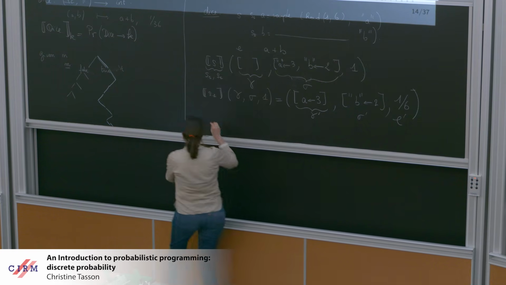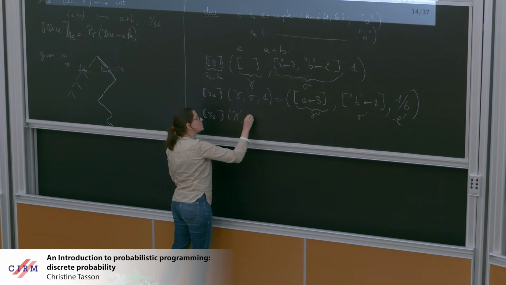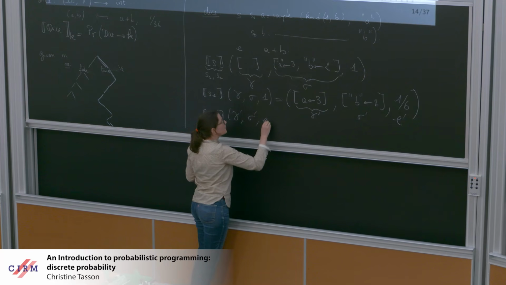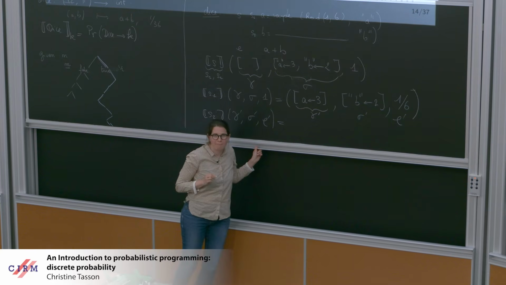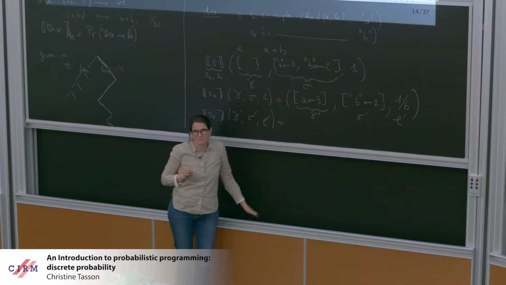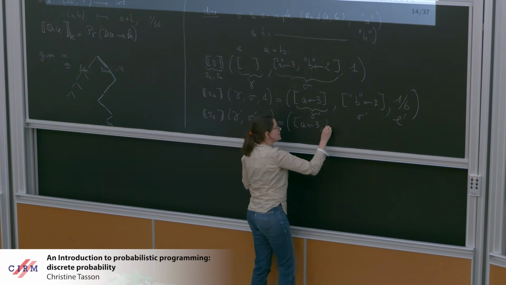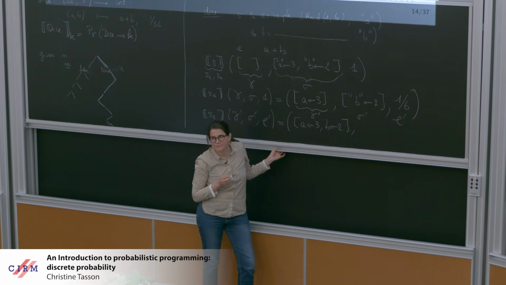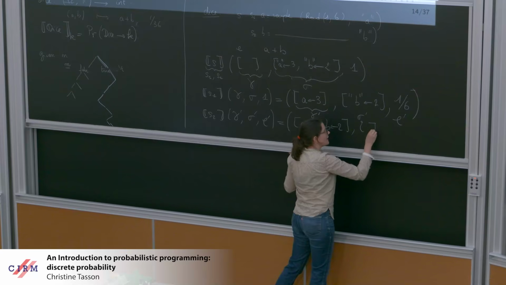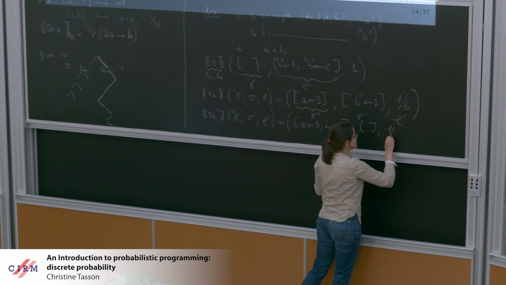So let's start for S2. What do I get? I'm sure you know. A is 3, B is 2, and my sampling trace is empty, and my probability is 1/36.